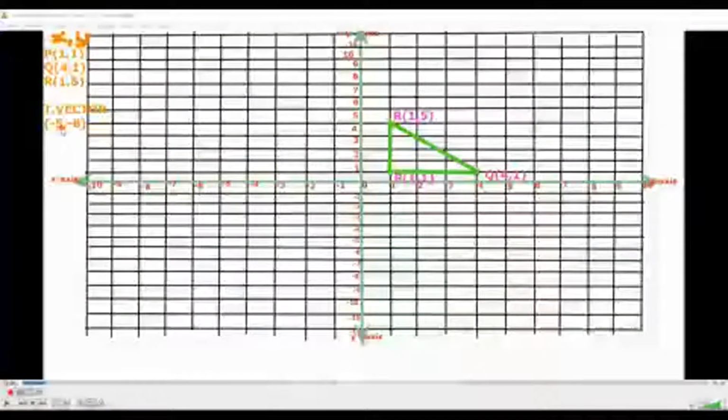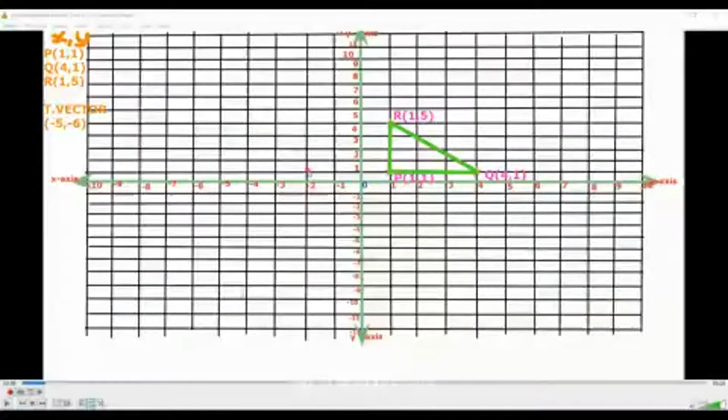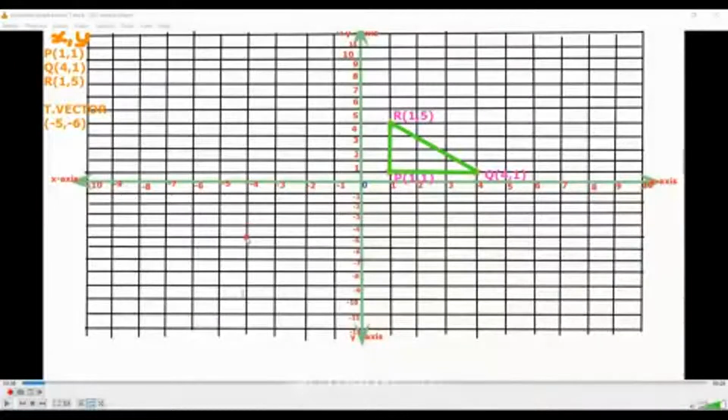So point P is going to move 5 left. So from here, this is the point P. From here, 1, 2, 3, 4, 5. 5 left. And then the negative 6 is 6 down. So here, 1, 2, 3, 4, 5, 6. 6 down.